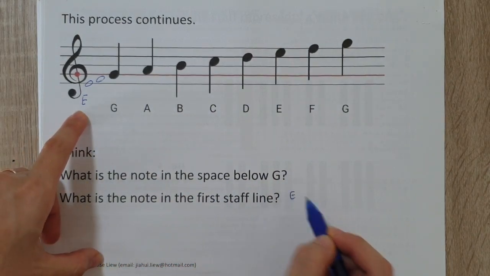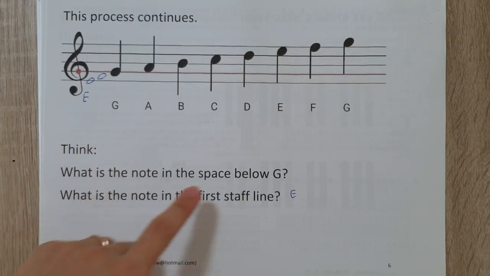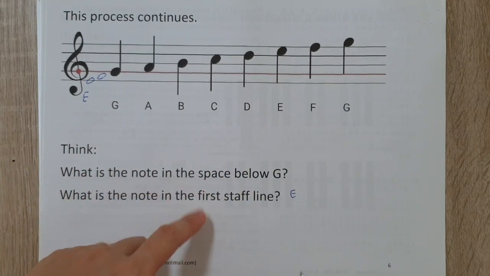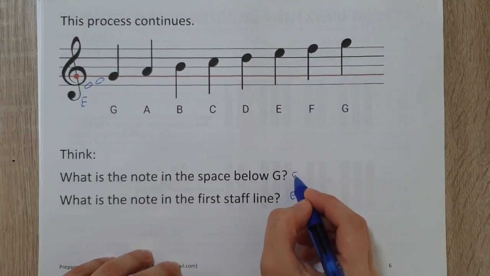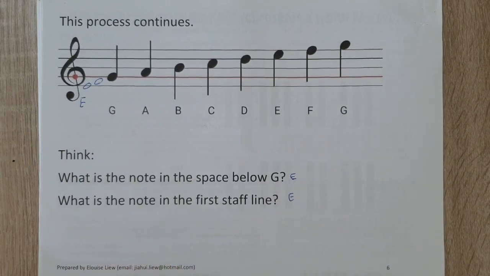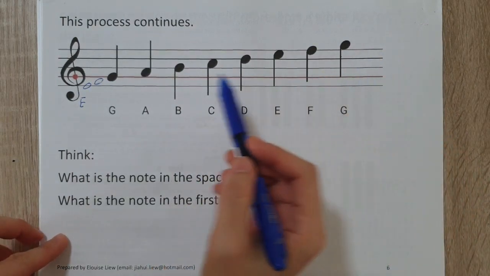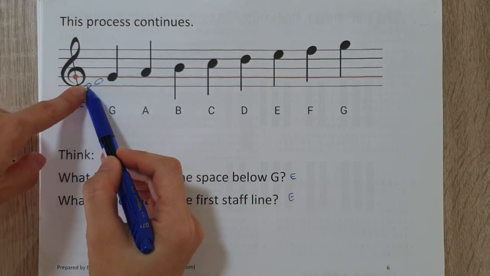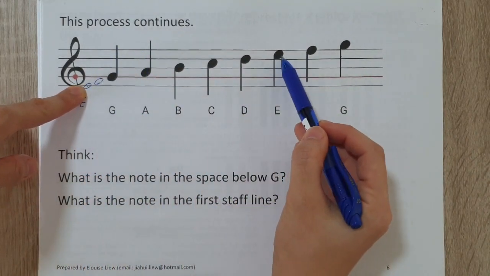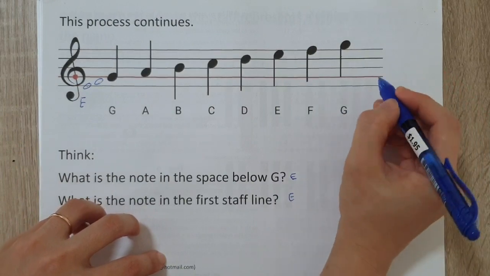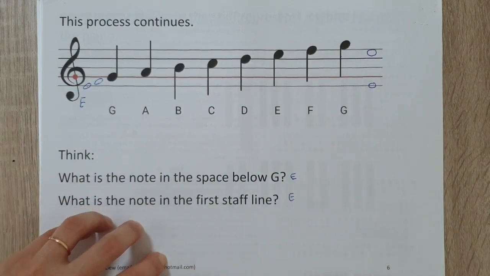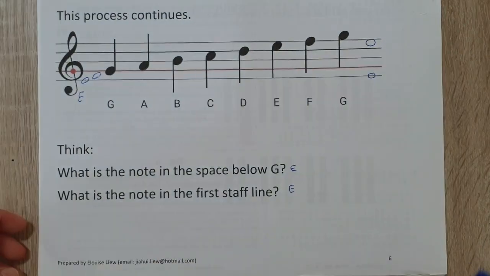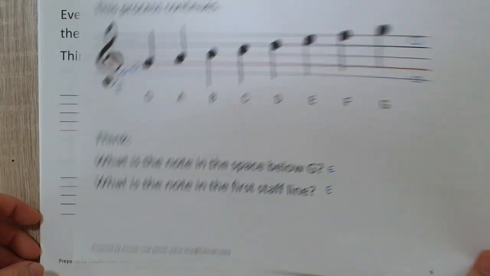That's an E. So to answer the first question, what's the note in the space below G? That will be E as well. So as of now, you will be able to tell that this note is an E. This note is an E as well. You can put them together. Two of them represent E. Alright, let's go on.